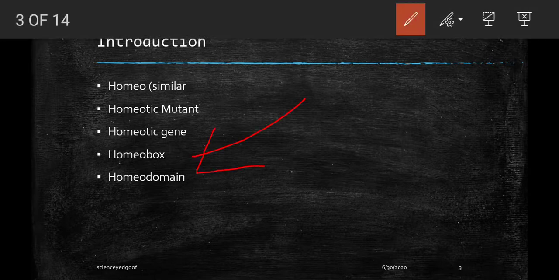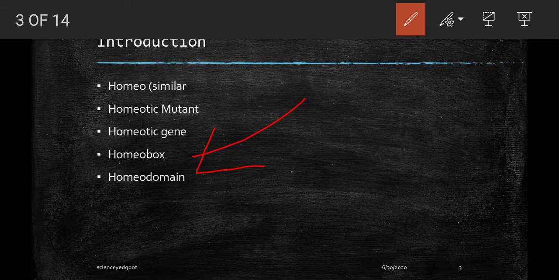The homeodomain will go and recognize specific DNA sequences. Homeodomains are really important because they are important regions for gene transcription, encoded by the homeotic genes.